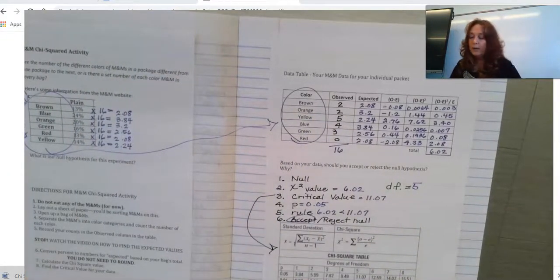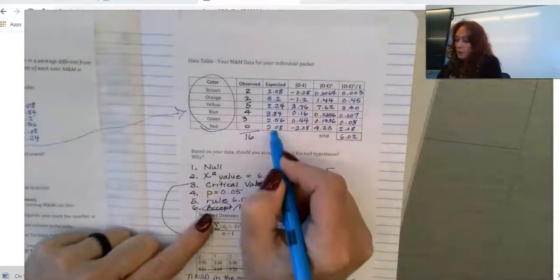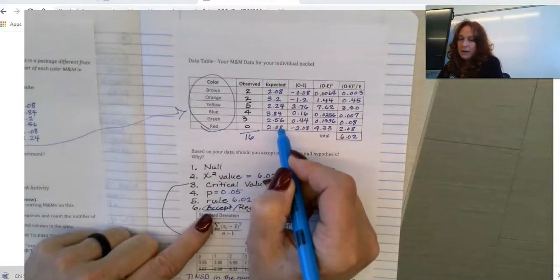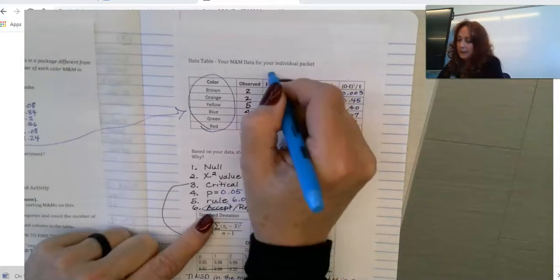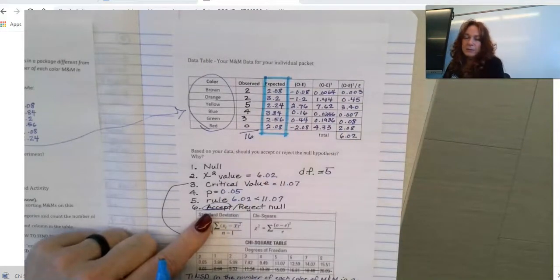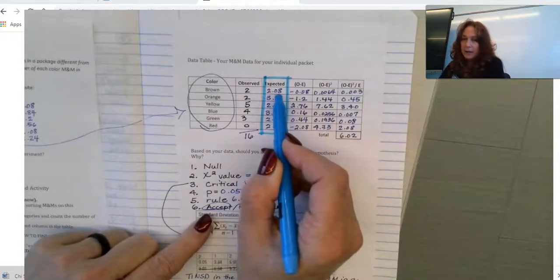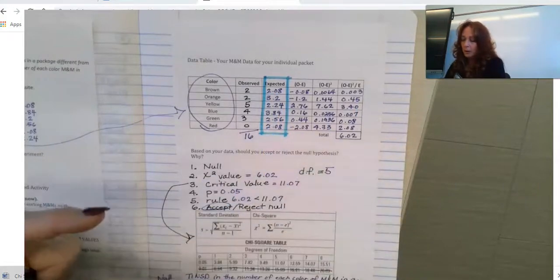So another thing I like to do, because I'm always going over here trying, with my eye, to find the number I'm dividing by, I like to box in my expected before I start my math. Because then when I get over here and I'm trying to remember what I'm dividing by, it's obvious that this is where I'm going in the box.